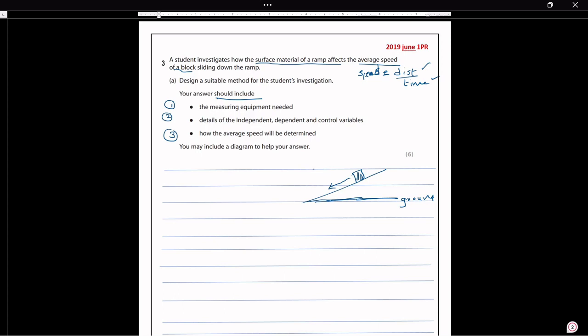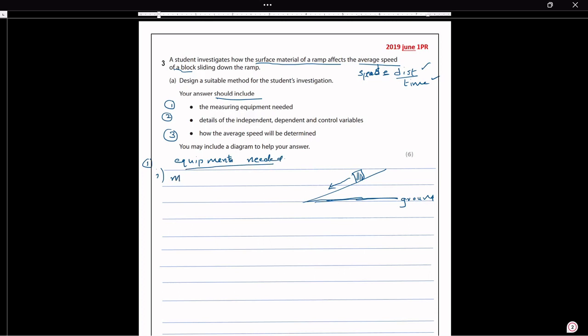So let us include, from the first point, the student needs a measuring ruler or a measuring tape. Equipment needed.